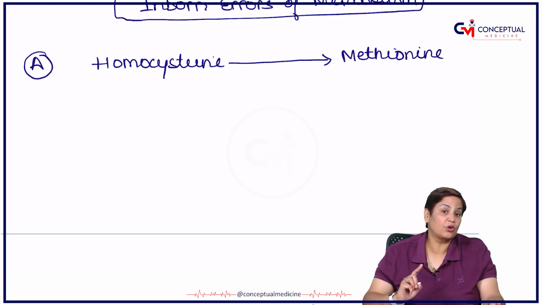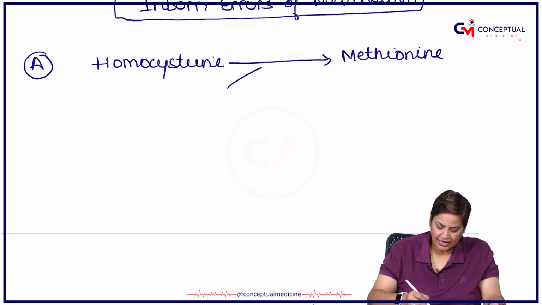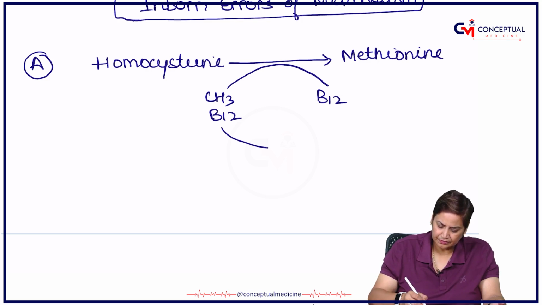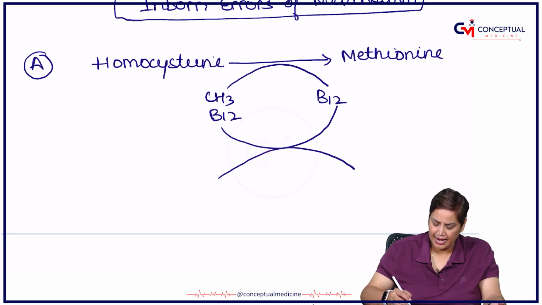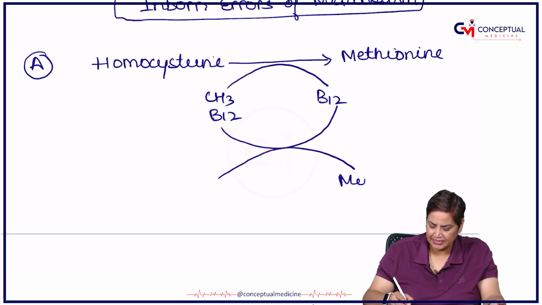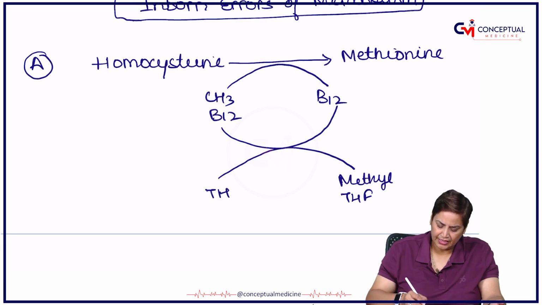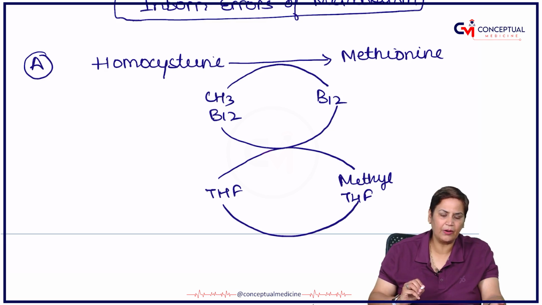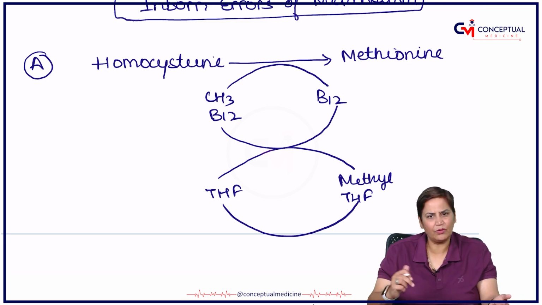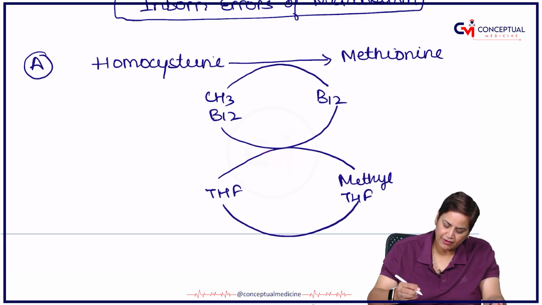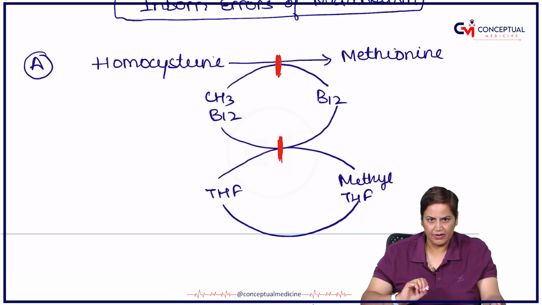Right, here we saw the role of 2 vitamins which I told you, that CH3 B12, and second is methyl THF converted to THF, like this. Okay, now the name of the enzyme is methionine synthase. Suppose if I say either this will be absent or this will be absent, right?